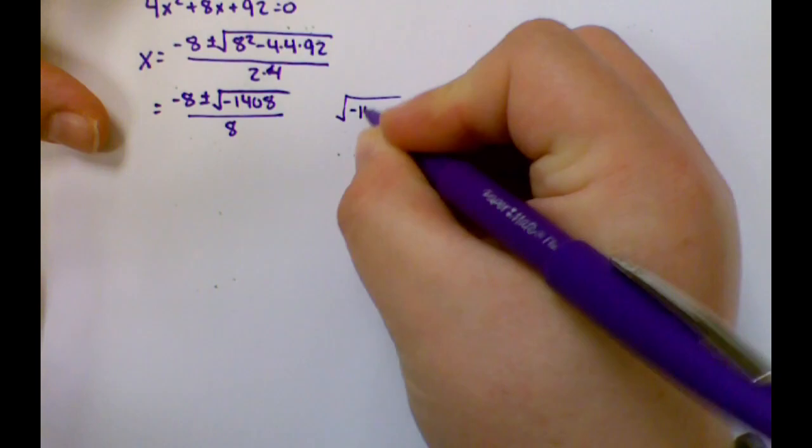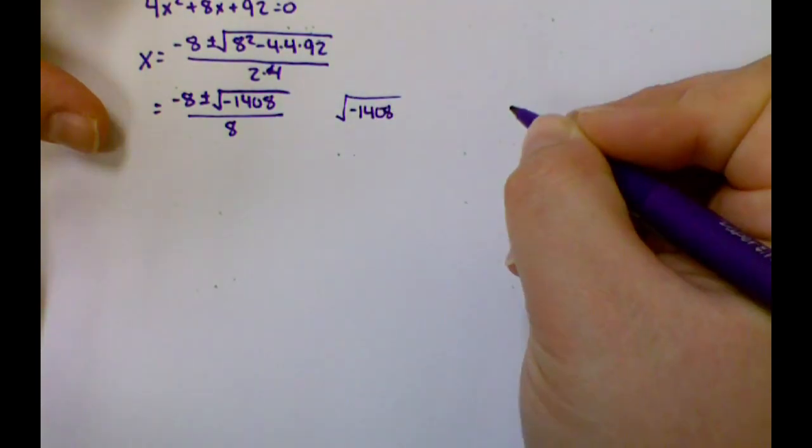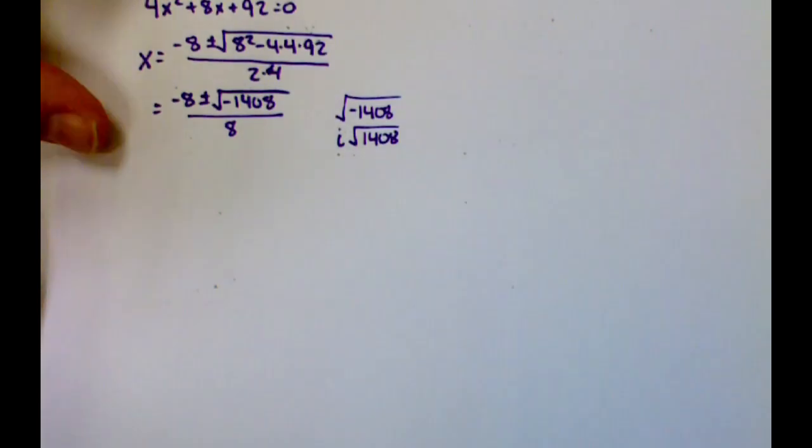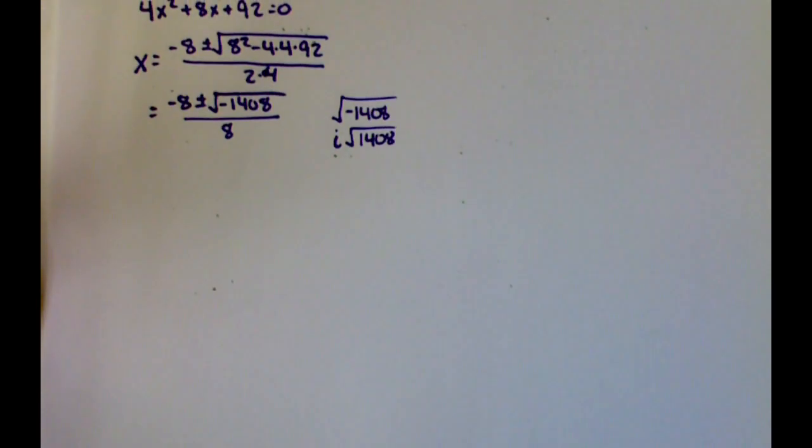All right, let's simplify the square root of negative 1,408. Well, I know I'm going to take an i out for that negative. So now I just have to simplify the square root of 1,408. I'm just going to guess and check until I find a perfect square that goes into it. I noticed that I could divide it by 4 three times, which is 64.